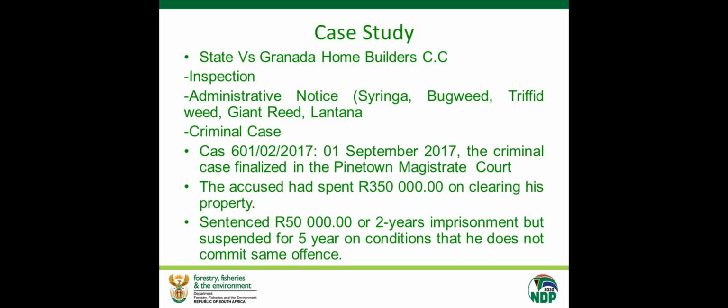Now he's deciding to control because of the court processes that have to follow. He was sentenced 50,000 or 2 years imprisonment because the land has now been cleared and he has used a lot of money. So he has cleared the land.